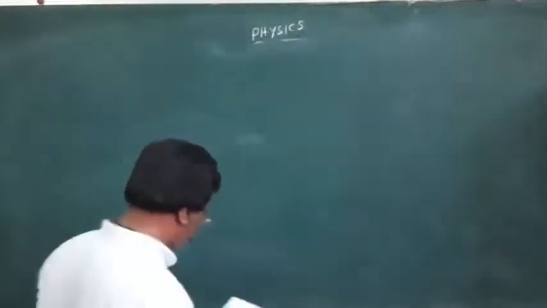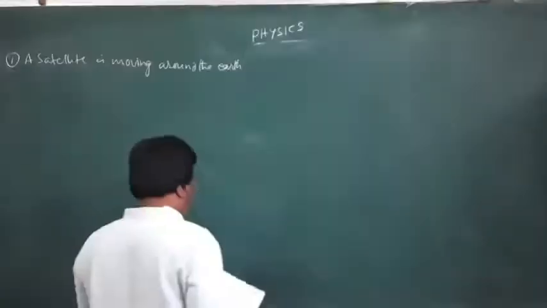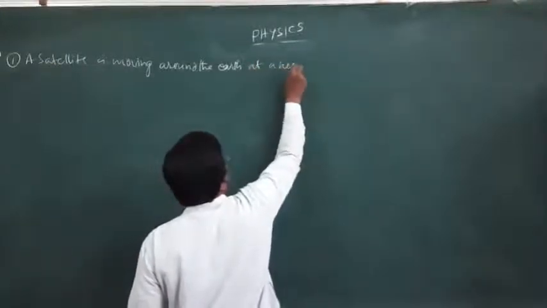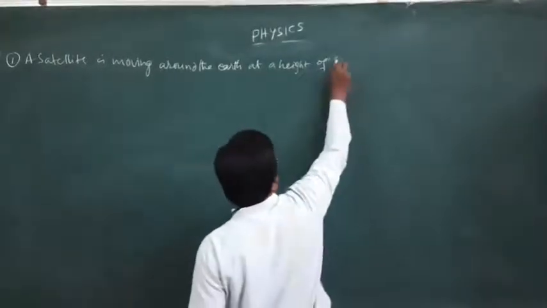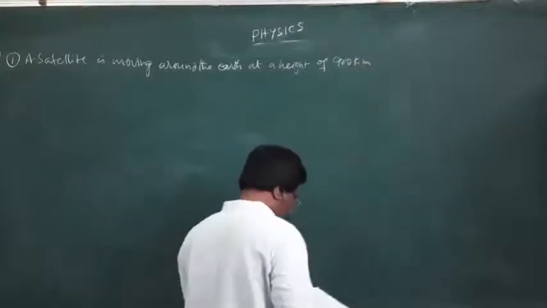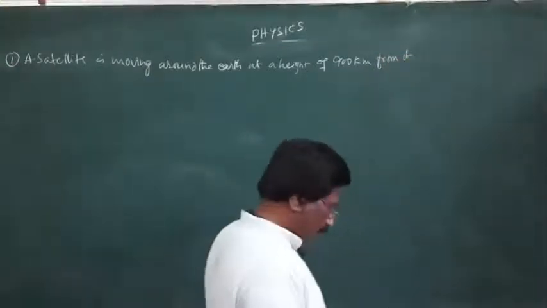The first problem: a satellite is moving around the earth at a height of 900 kilometers from it.